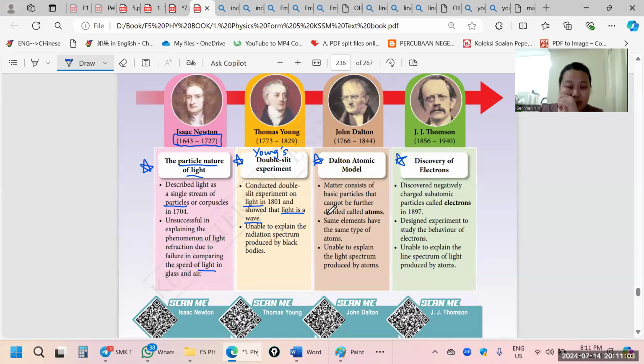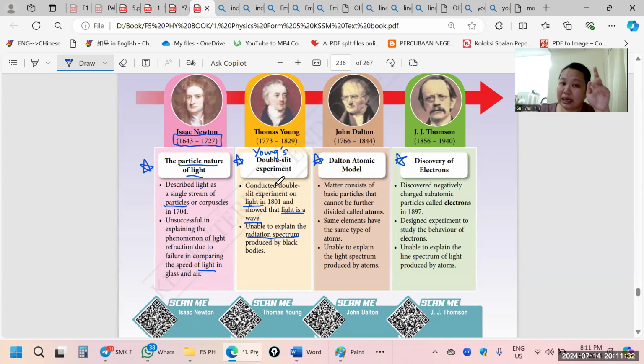But it was still unable to explain the radiation spectrum produced by a black body, where you let something absorb the light and then it emits the light in a different way. But never mind, we just remember: Newton said the particle nature of light.